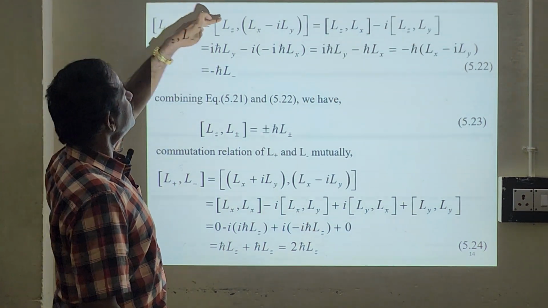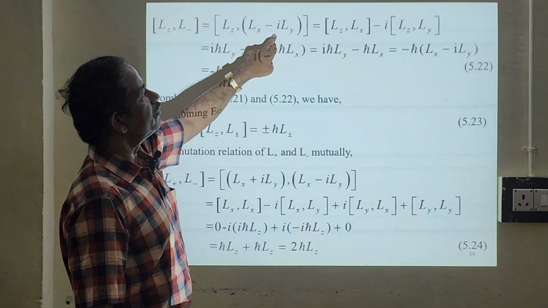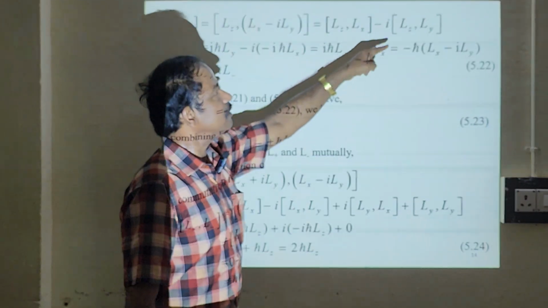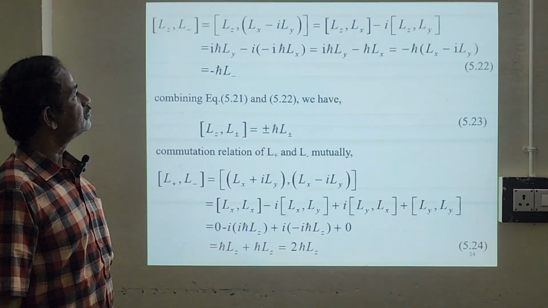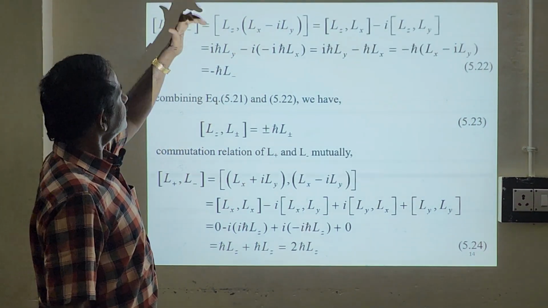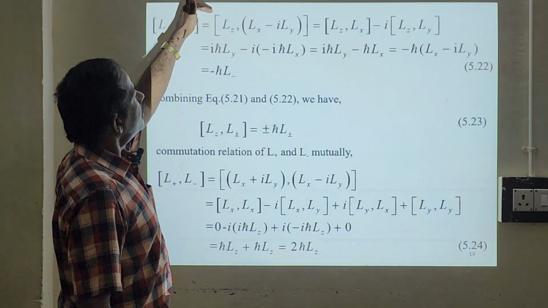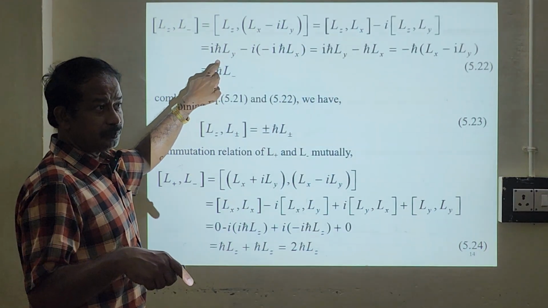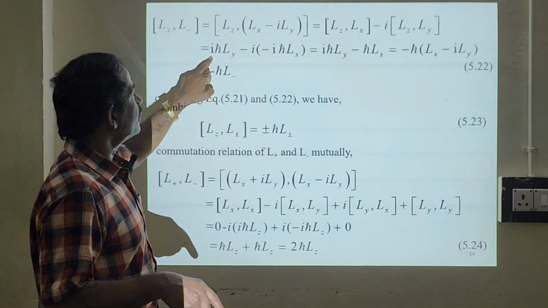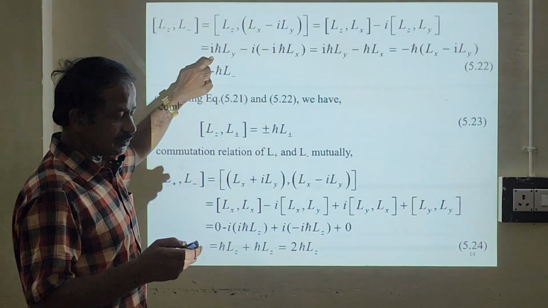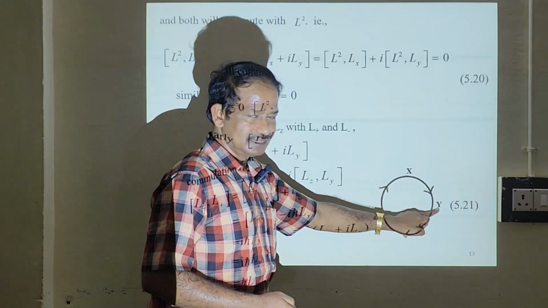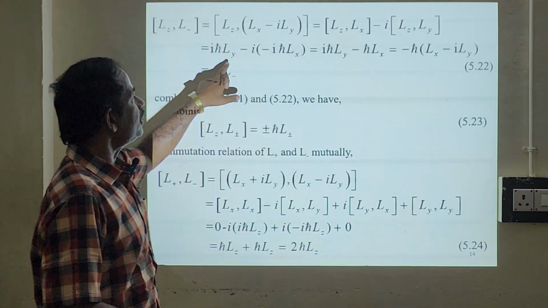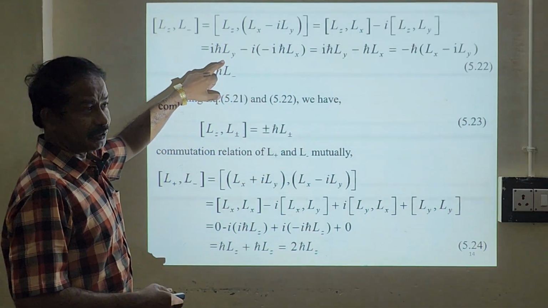Let's see now the expression for L minus: Lz with Lx minus i times Lz with Ly. Lz, Lx is cyclic, so it has a plus value: i h bar Ly.